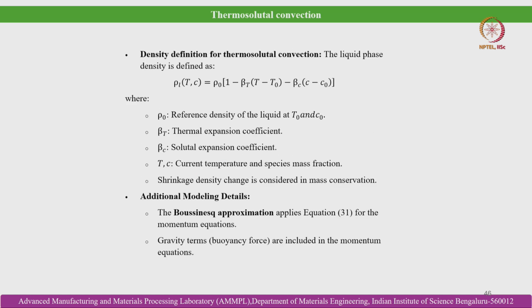So, the density definition for thermosolutal convection. The liquid phase density is defined by this expression, rho L of T, c is equal to rho 0 times 1 minus beta t into T minus T0. Here beta t is the thermal expansion coefficient, and beta c is the solutal expansion coefficient, and T and c are the current temperature and species mass fraction.